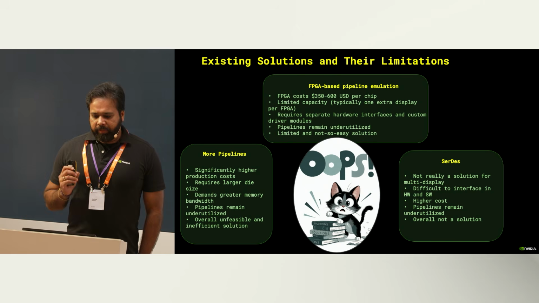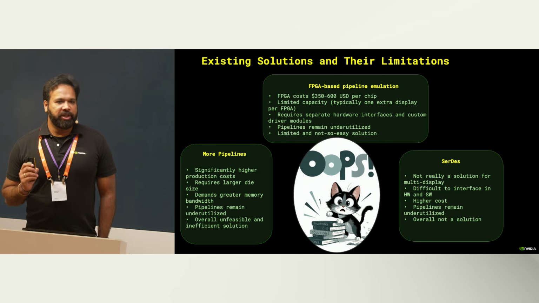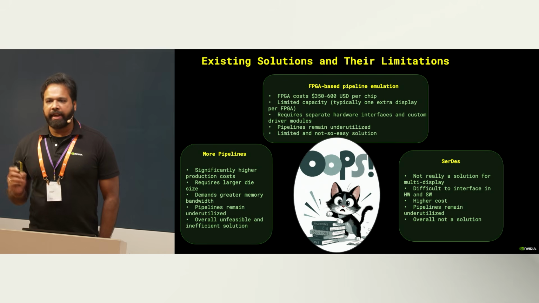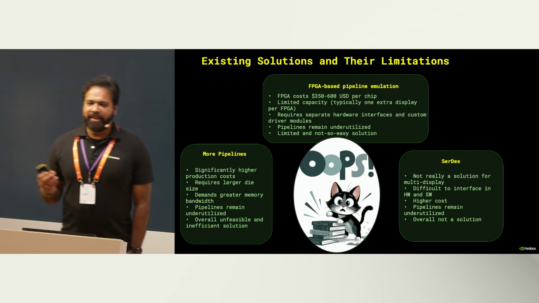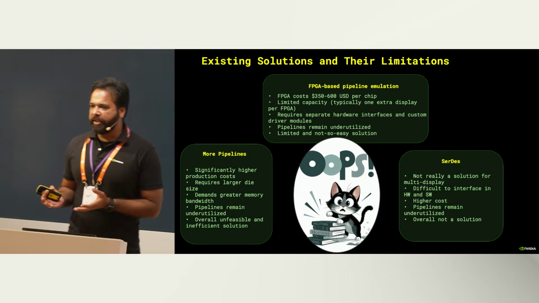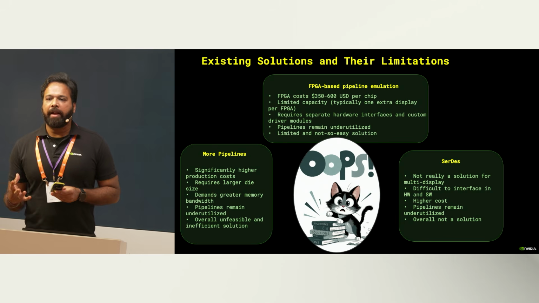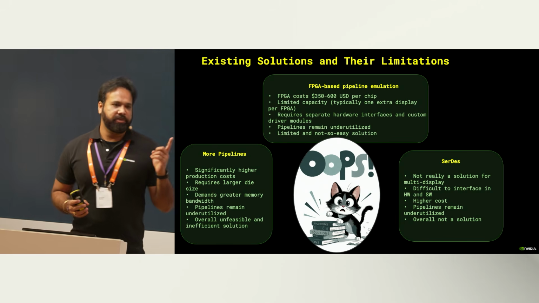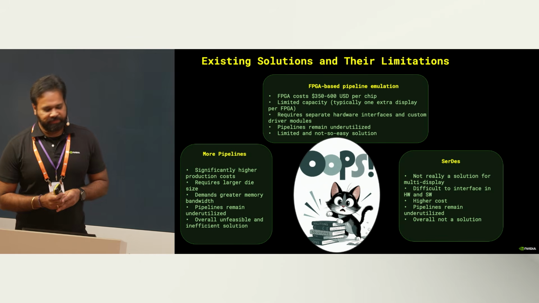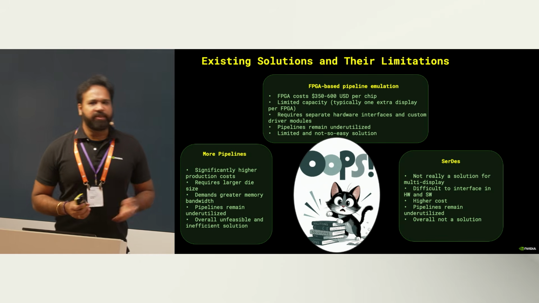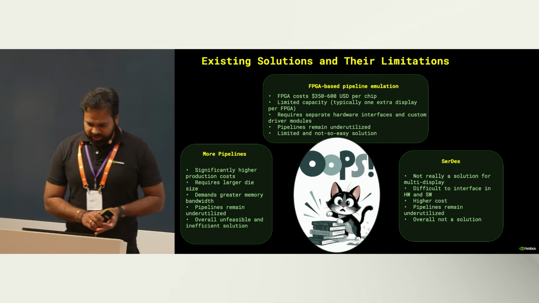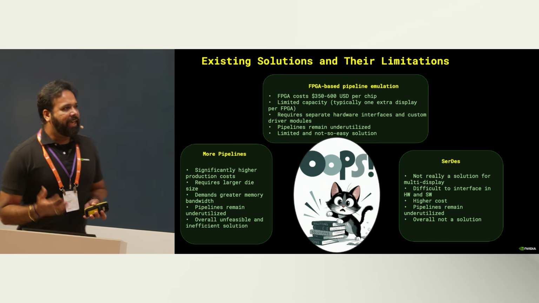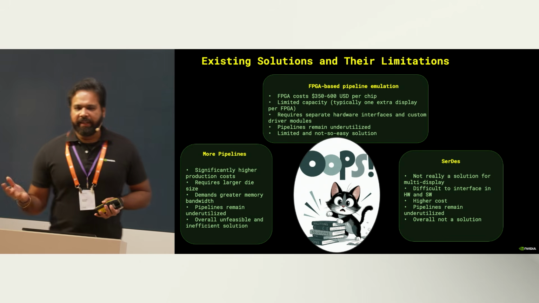There are a few attempts at FPGA-based display pipeline emulation, and I hate that the most. FPGAs are expensive. They are not exactly very efficient. You have to do a lot of work to program them and interface them with the driver. And after that, you get 1 extra display. Awesome. Instead of 4, I can drive 5. So I don't find it a very healthy or scalable solution. Then serializers and deserializers are pretty popular in this industry.